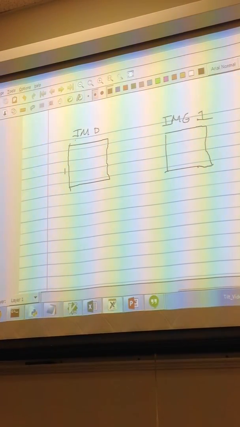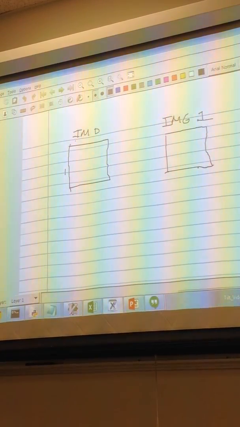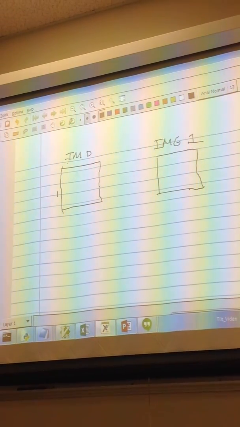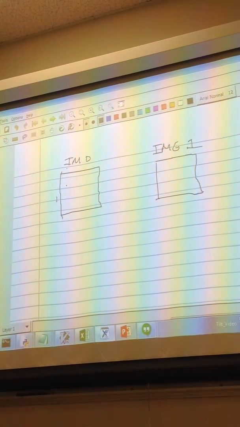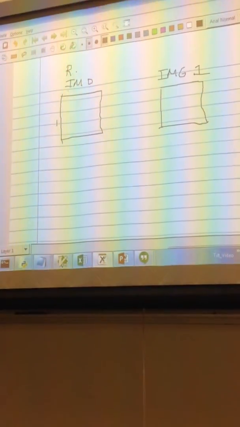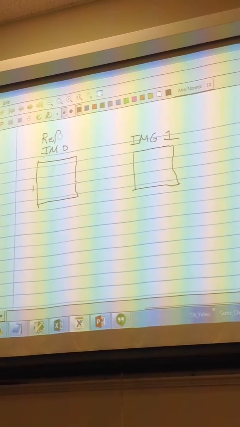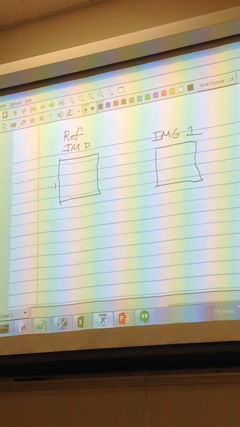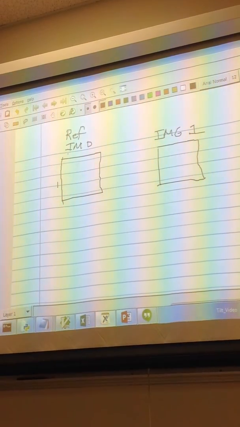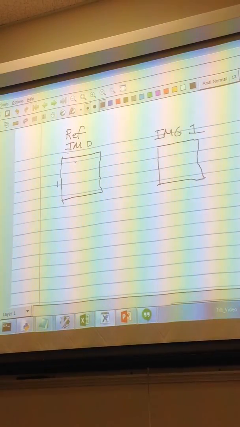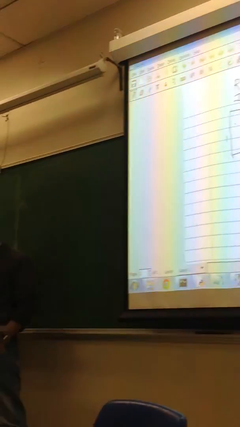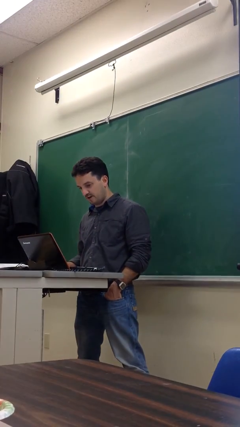Okay, and we need to choose one of these images as being the reference image. So we're going to assume at this point that we calculated the motion vectors for the entire image. So let's say that image 0 is the reference. And in the project that I posted, you're going to be calculating the motion from image 0 to image 1. So it's not a bad idea to consider that image 0 is the reference. For this image here, we're going to break it up into blocks like this.